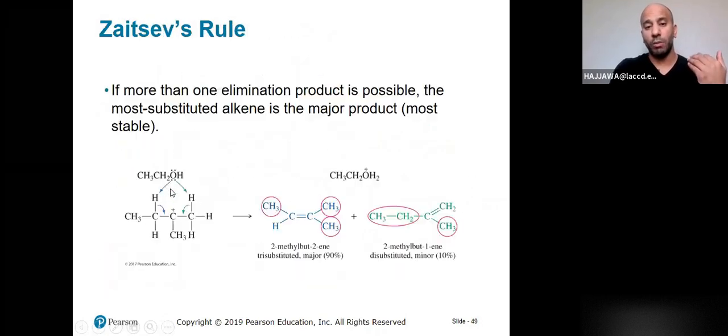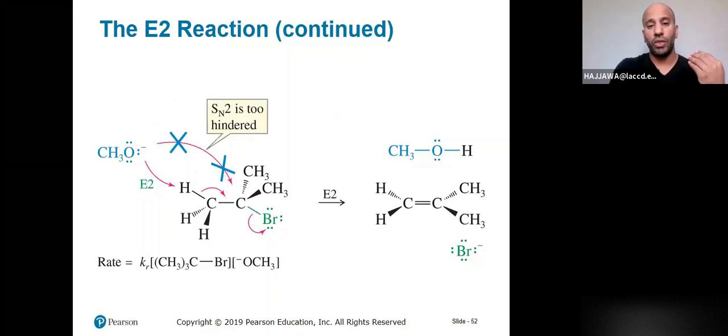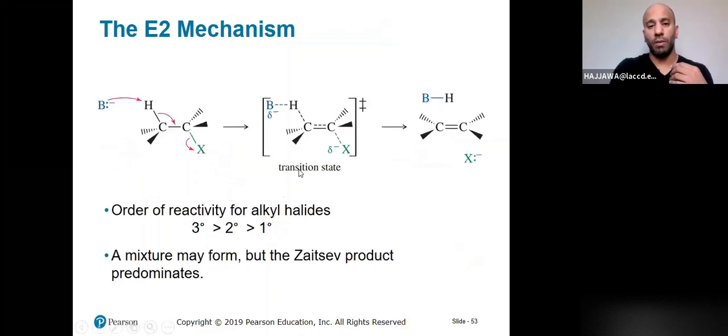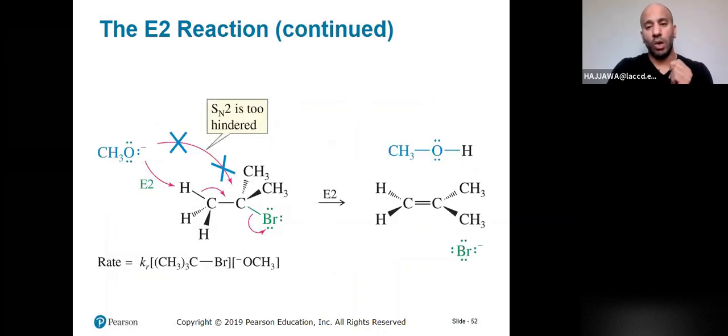And in order for the pi bond to be formed, it's going to go through, as we've seen in terms of orbitals, which we're going to see in a second. So the alkoxide, when it faces a tertiary alkyl halide, and the fact that it's a strong base, not an alcohol.